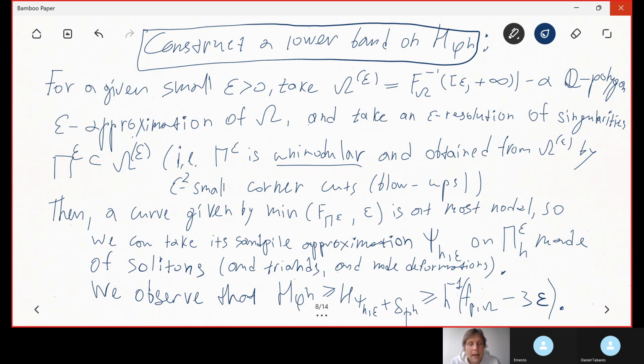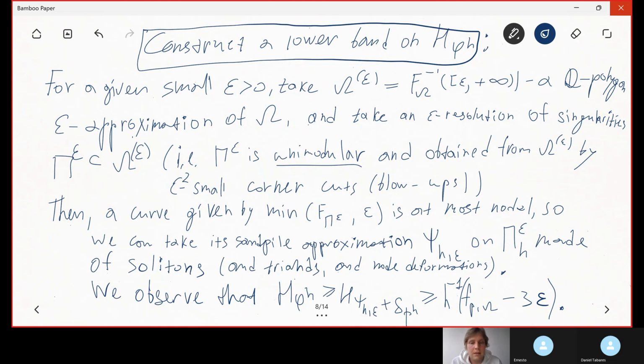And the important property that we established two lectures ago was that the curve given by the distance function to this polygon, since it's unimodular, is at most nodal. So this is where this lecture comes.